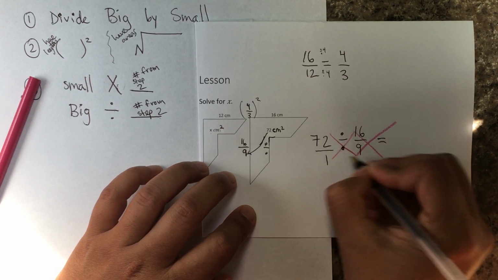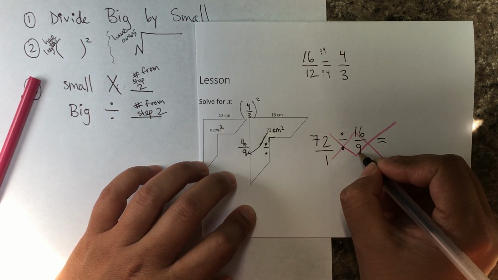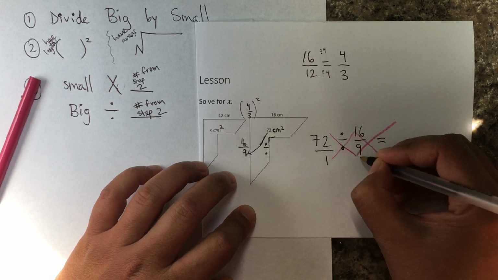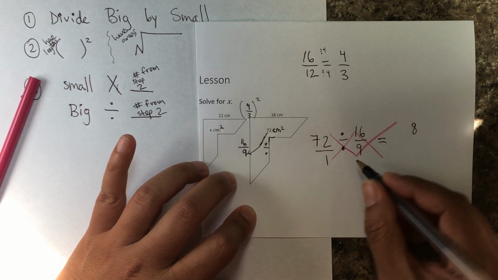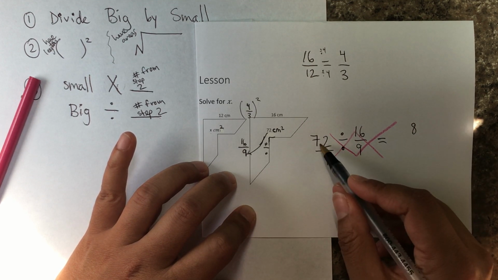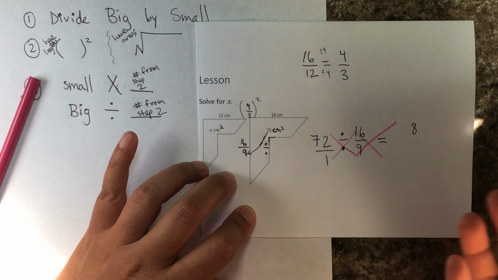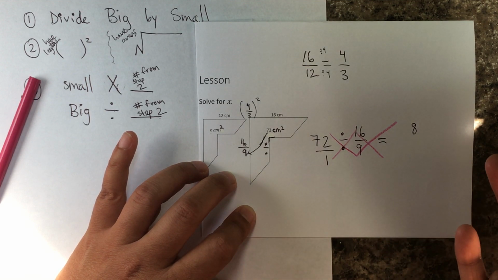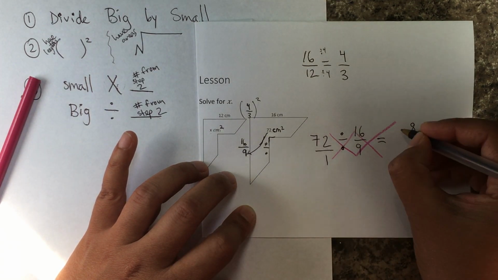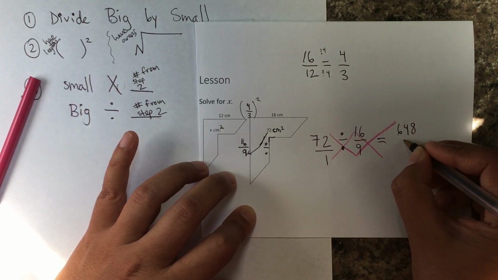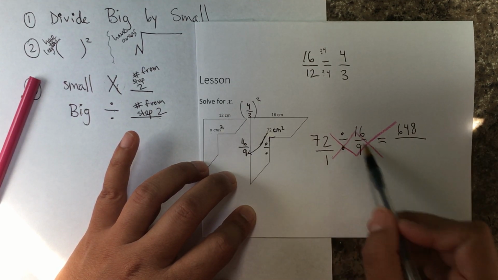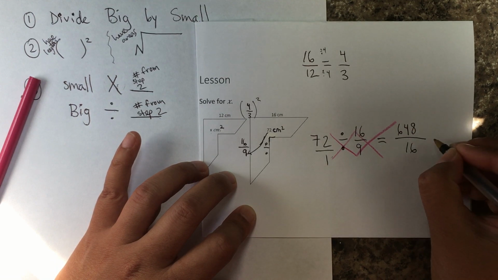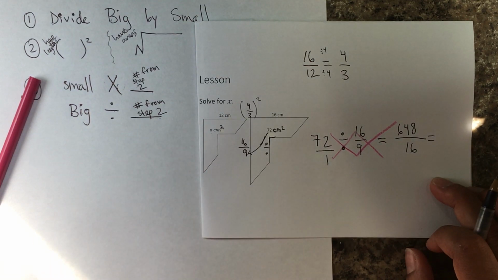Either way is fine. So 72 times 9: 9 times 2 is 18, carry 1. 9 times 7 is 63, and 1 is 64, divided by 16. For that one, I'm going to use my calculator.